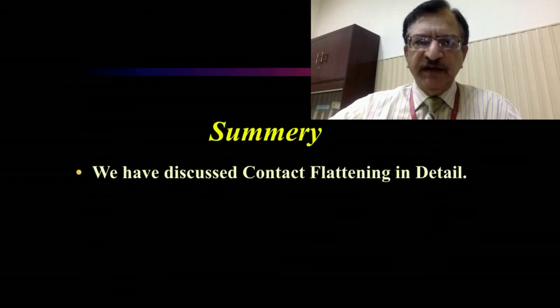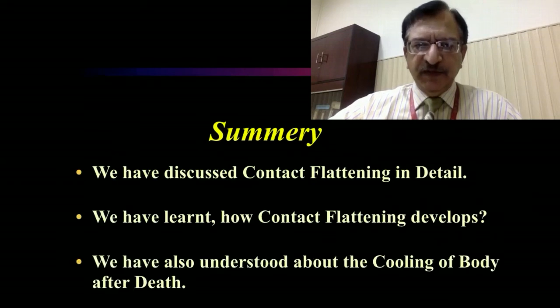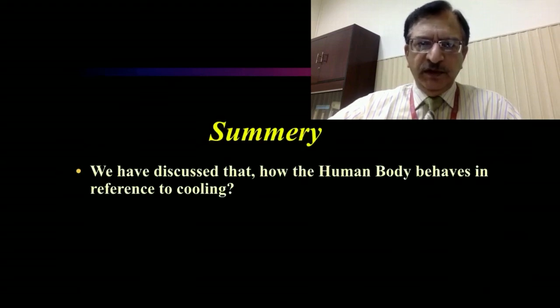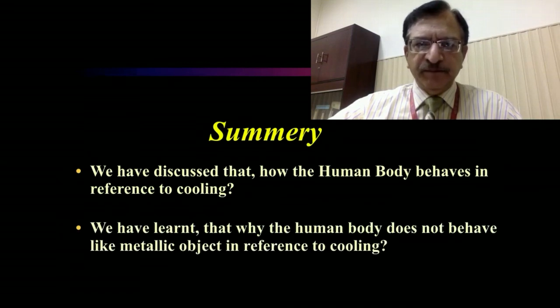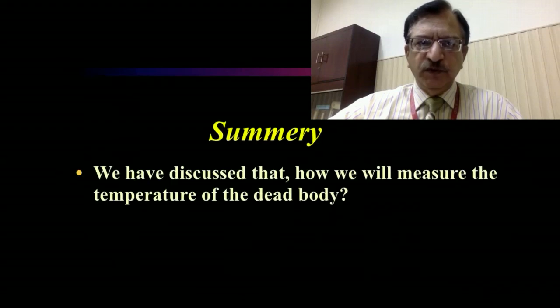In this lecture, we have discussed contact flattening in detail, how it develops and why it develops. Then we have learned about the cooling of the body, how the body cools and why the body does not behave like a metallic object in reference to cooling. We have learned the cooling progress, how the body progresses to cool.